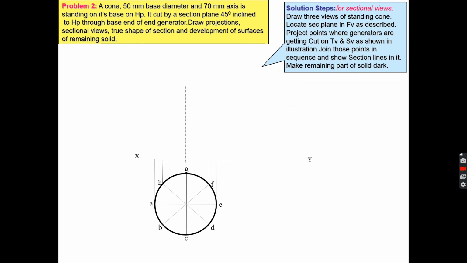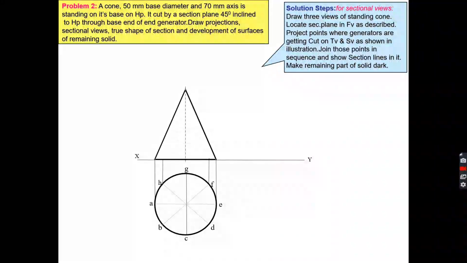Now I am drawing the front view of the cone like this. How to draw the front view and top view of a cone we have already discussed in the projection of solids, so I am not going into that. This is your front view and top view.